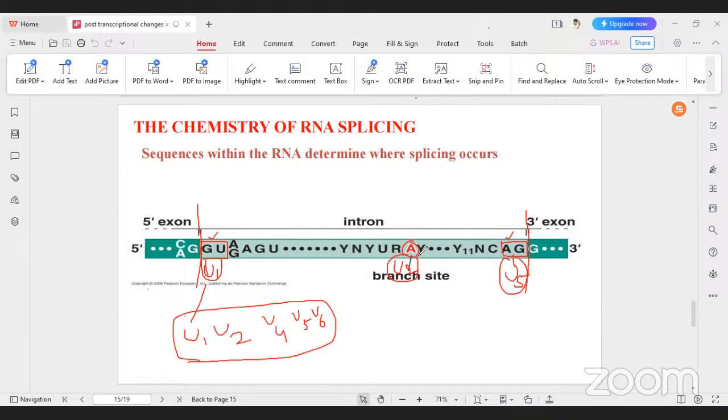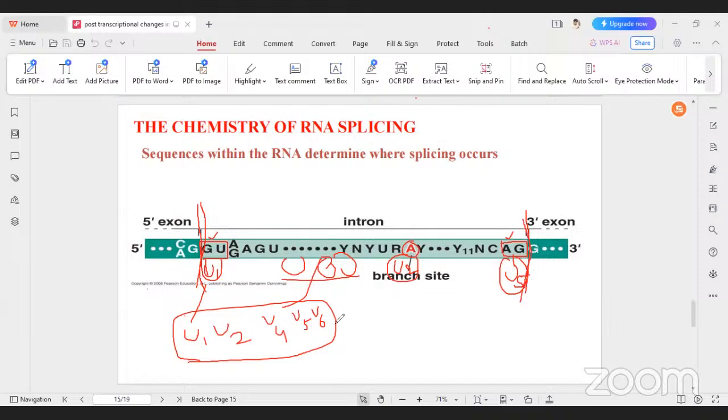U4 and U6 with U1, U2, U5 cause the intron loop formation. The spliceosome also catalyzes the cutting and joining reaction that excises the intron and ligates the exons. After the remaining snRNAs are formed and attached, it is cut here and also cut here.